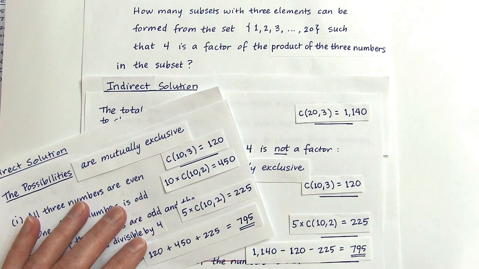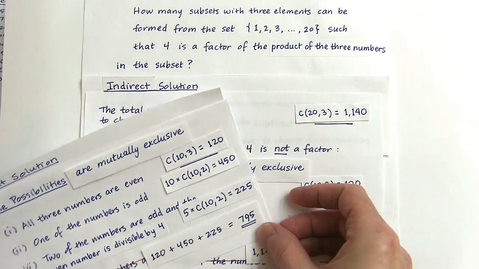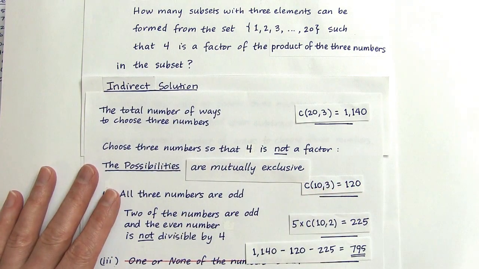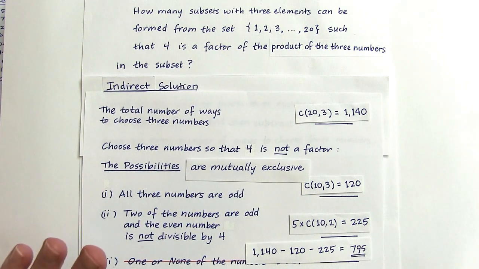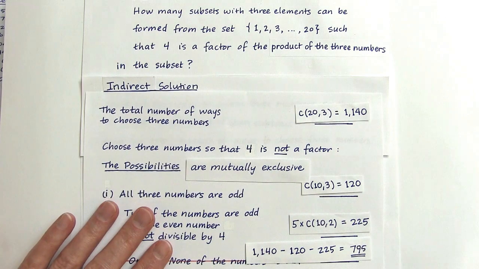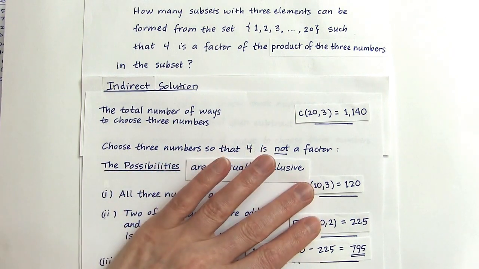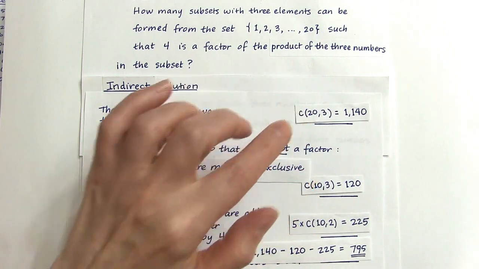So each method takes about the same amount of time and effort to solve the problem. Neither method seems to have an advantage over the other. In fact, the indirect method seems to involve more mental gymnastics, so to speak, because you have to think in terms of counting the subsets that you don't want to create and then subtracting that result from the total number of subsets.